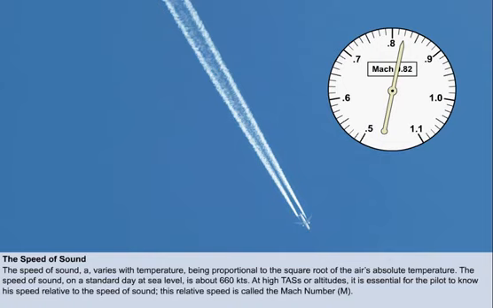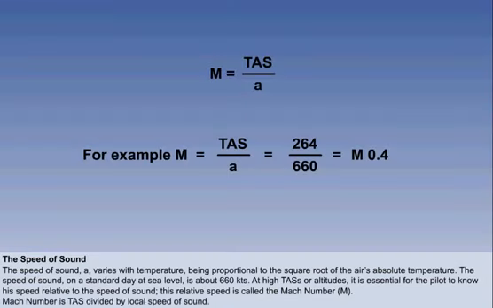This relationship is called the Mach number, symbolized by a capital M. The formula for Mach number is TAS divided by a, the local speed of sound. For example, if the aircraft's TAS is 4/10 of the speed at which sound pressure waves propagate through the air around the aircraft, the Mach meter will register Mach 0.4.